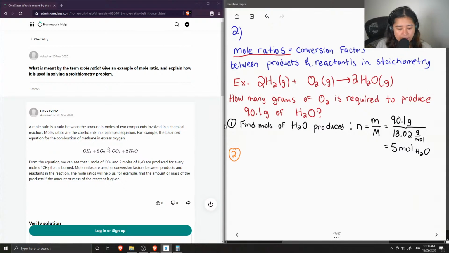Okay, so step 2, we use mole ratios to find moles of oxygen required.